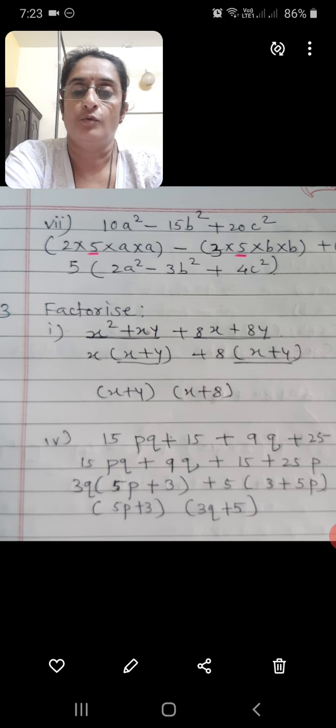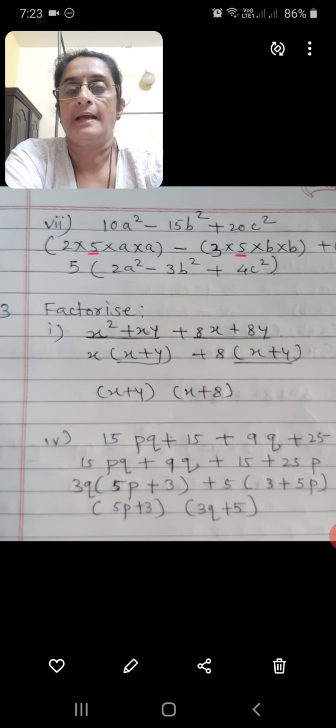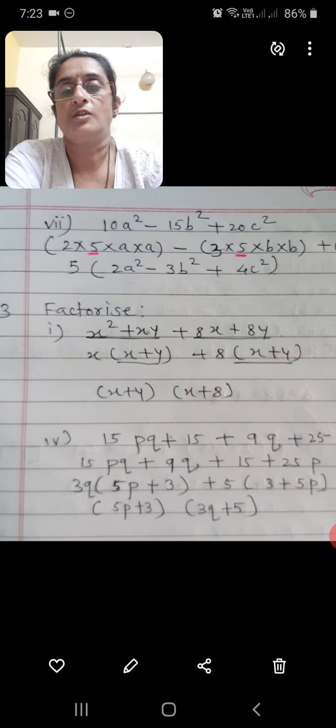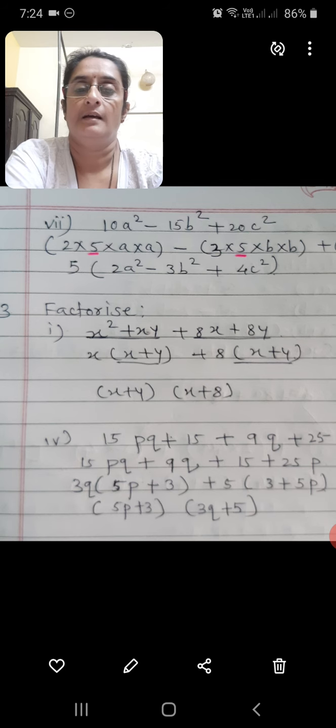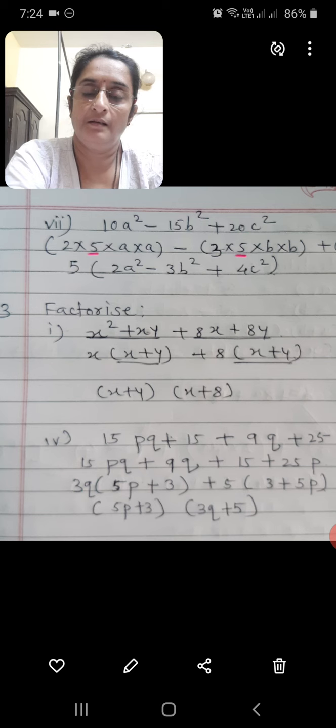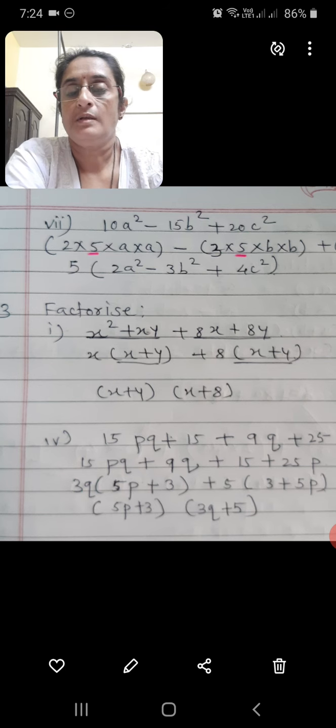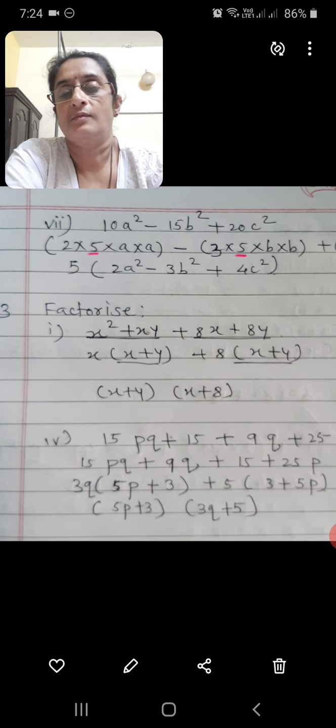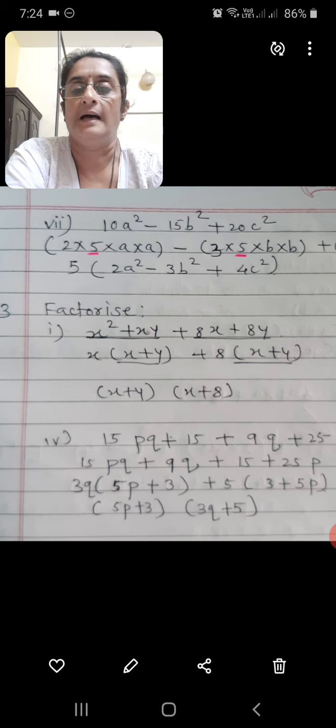Now let us go to the second part, 8x plus 8y. What is common between them? 8. And what remains when you take out 8? X and y. So x plus y will be the second factor. Now see, there is x plus y in both the terms, so that is common.